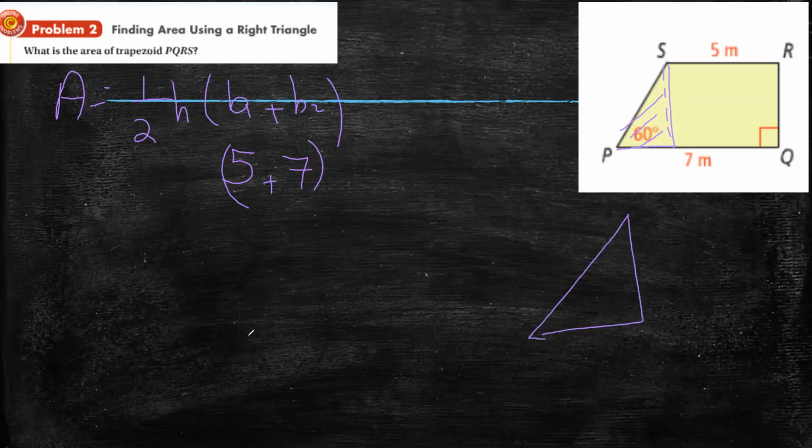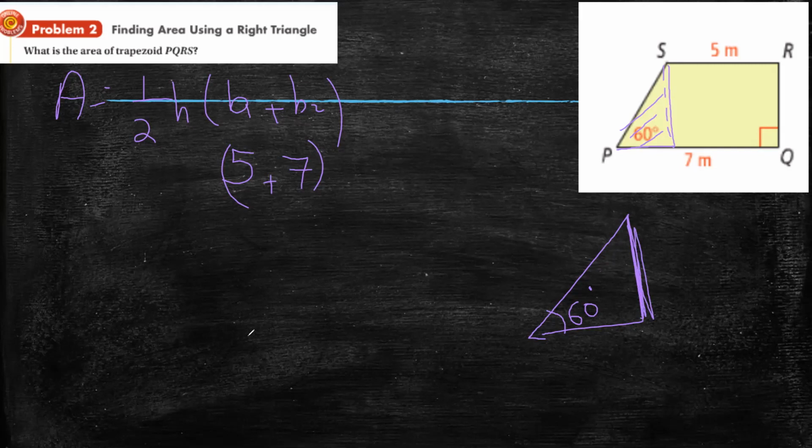In this one here, we have an angle which is 60 degrees. If I need to find the length of the height of this altitude, I need another side.